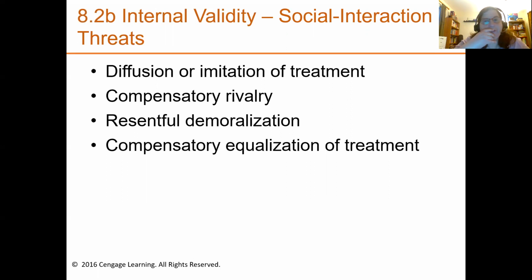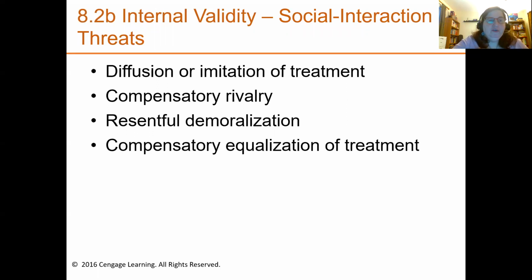I guess all of these in some ways are bad news on the researcher's part. But this one is a social threat to internal validity that occurs when the control group is given a program or treatment, usually by a well-meaning third party, designed to make up for or compensate for the treatment that the program group gets.